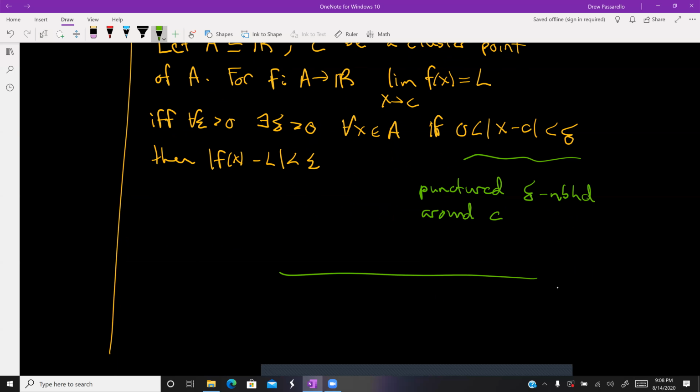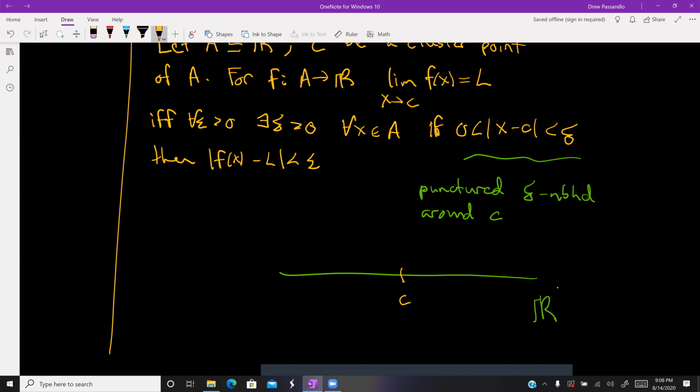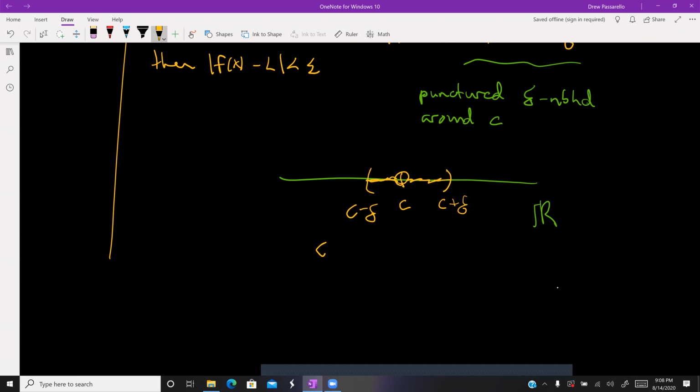So let's say this is the reals, and we have c, and we have c plus delta and c minus delta. The punctured neighborhood would be everything in here except taking out c in the middle. And you would say 0 less than the absolute value of x minus c less than delta for all x in that interval.